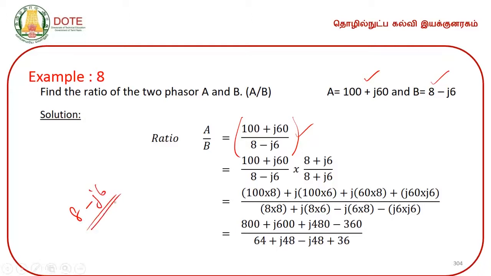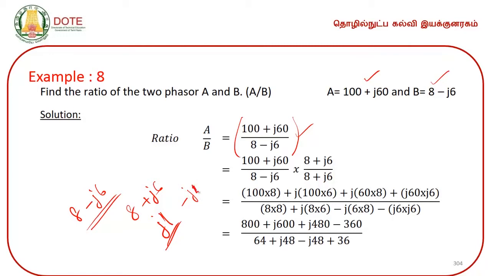Whenever you want to simplify this, you need to multiply both numerator and denominator by the conjugate of this. So, the conjugate of 8 minus j 6 is 8 plus j 6. Suppose if the conjugate is j 1, then the conjugate of this is simply minus j 1, right.